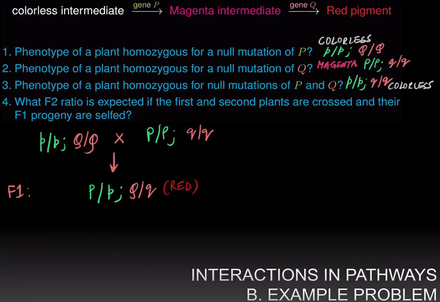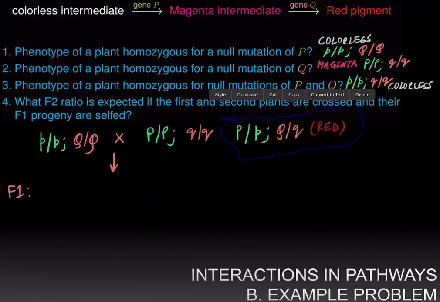However, this is not what we are asked. We are asked if this individual is selfed. So we will take this F1 individual and we self them.